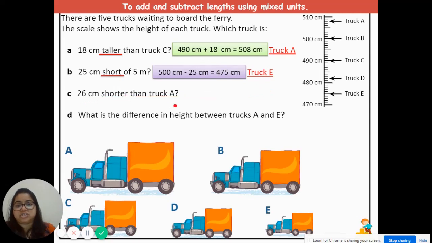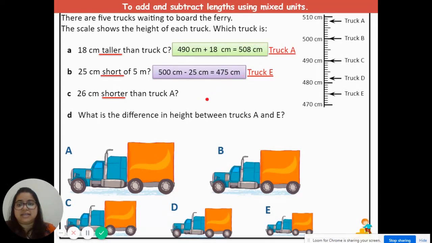Okay, the next question. Which truck is 26 centimeters shorter than truck A? Again, the main word here becomes shorter. Truck A. Let's see the height of truck A. We have already found out over here it was 508 centimeters.